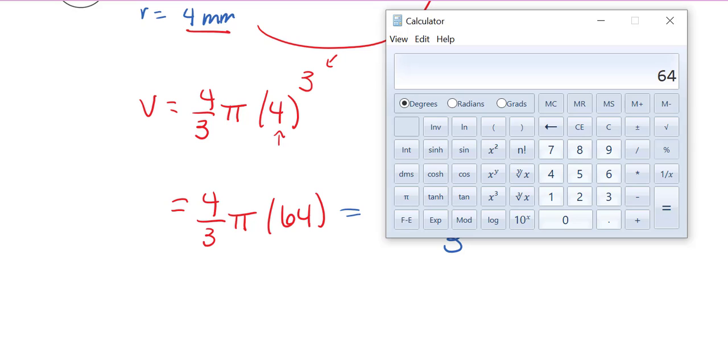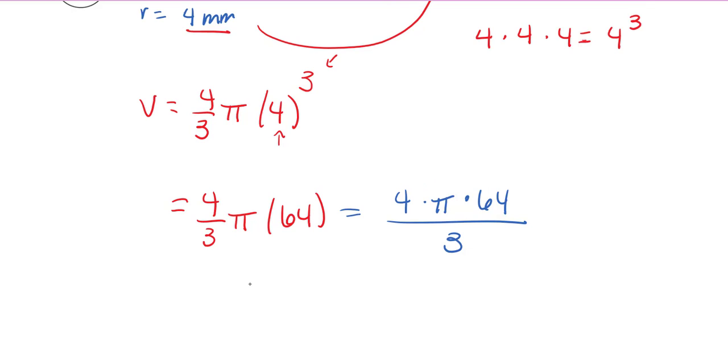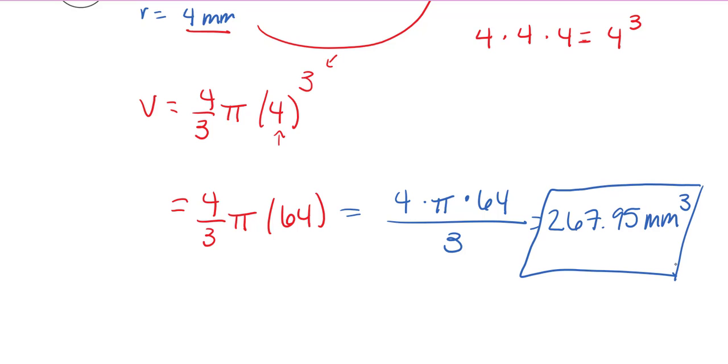So we're going to multiply this by 4, times 3.14, or we could just type in pi. Then we divide this number by 3, and we get 267.95. Now this is in millimeters, so it's cubed. So this would be our answer here.